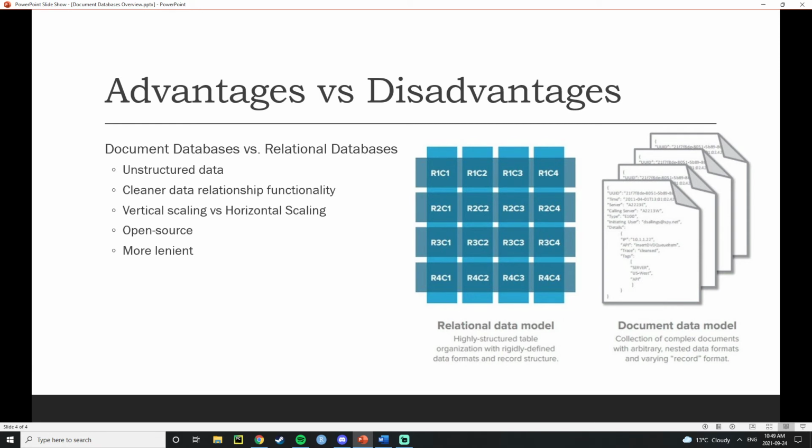I mentioned unstructured data before, and this means that you can build your application without having to define the structure or the bones of the database. In a relational database, you're required to make these bones, the structure, before adding any data to the database. You can see that this is really hard because nowadays there's so much data that you can't possibly account for everything from day one. You know what I mean?